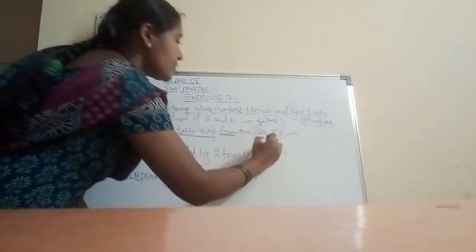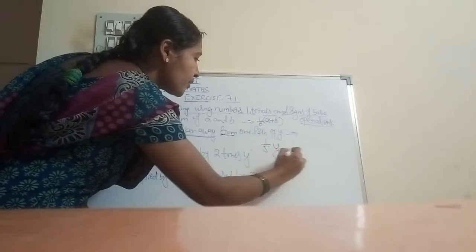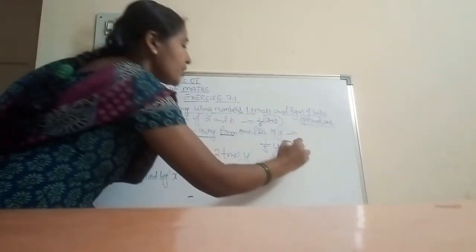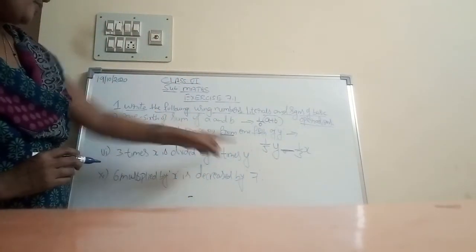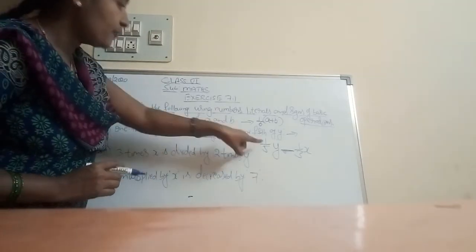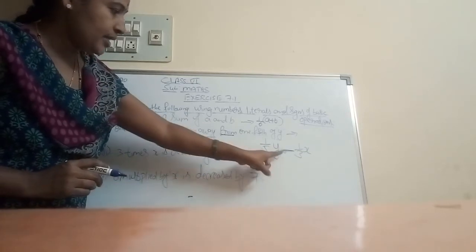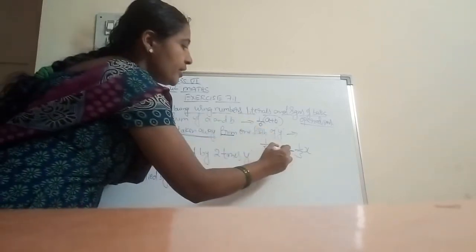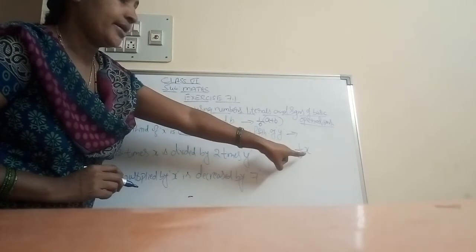So 1/5 of Y I have to write first, then in between a negative sign, then 1/3 of X. I hope you have understood. So the answer is 1/5 of Y minus 1/3 of X.